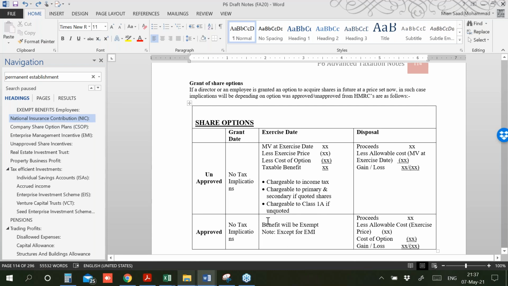So do remember, the only scenario in which an approved option scheme can be taxed at grant date or exercise date is if it is an EMI scheme and the shares have been granted at a discount, and that particular scenario we have discussed as well.